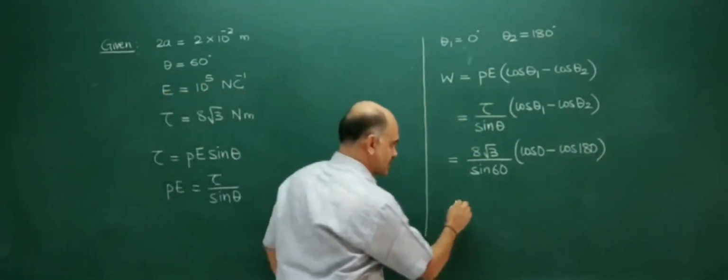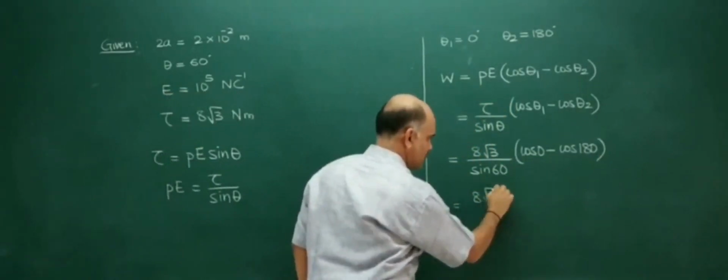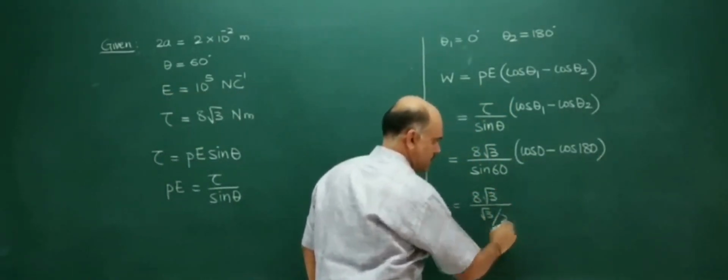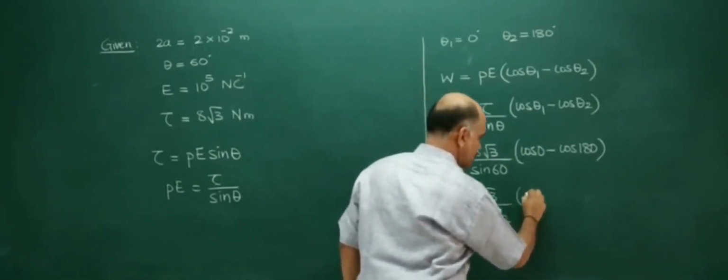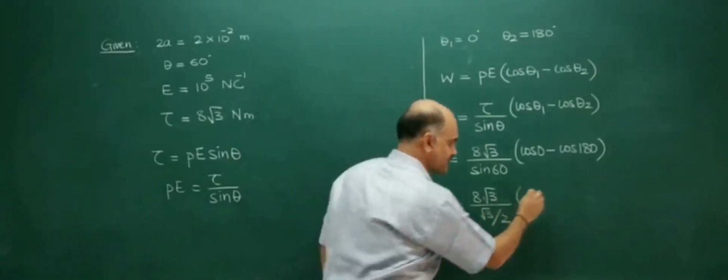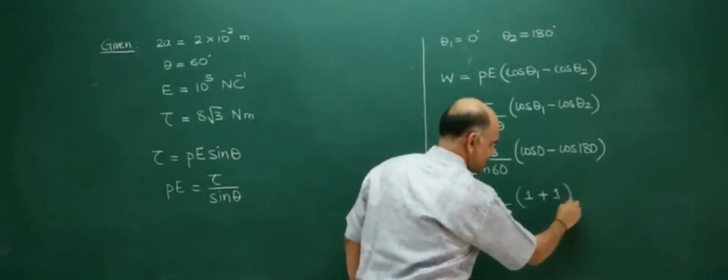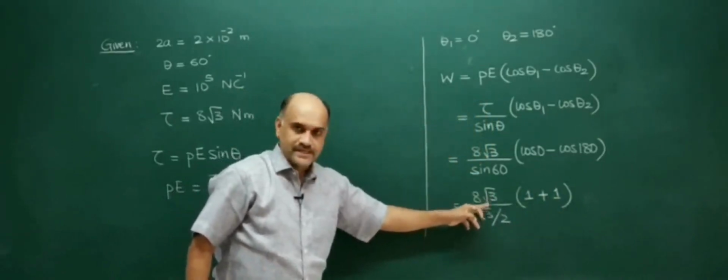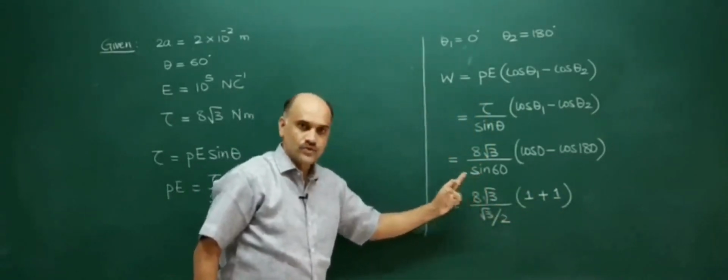So this is equal to 8 root 3, sin 60 is root 3 by 2. Cos 0 is 1, cos 180 is minus 1, so this will be plus 1. Here root 3 gets cancelled, and this 2 will go to the numerator.